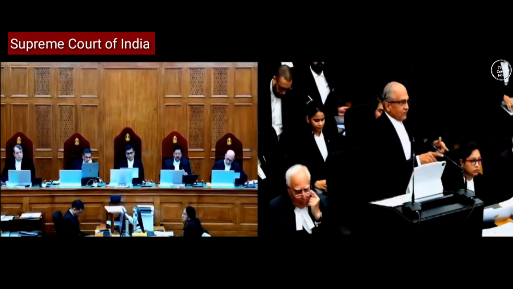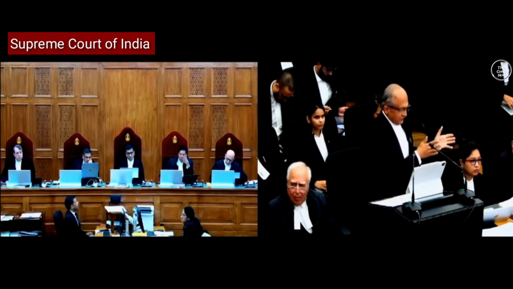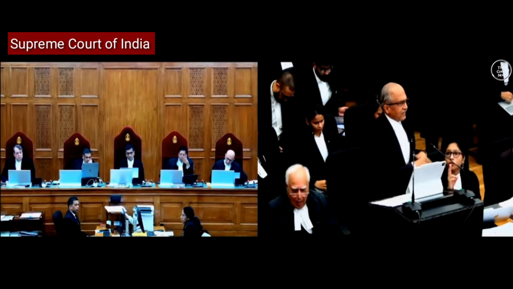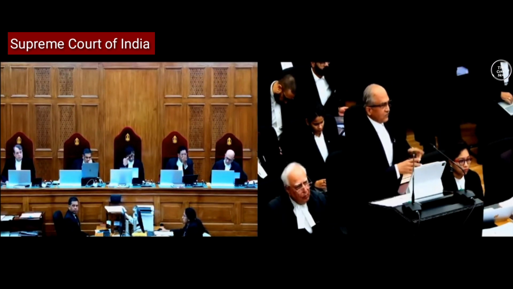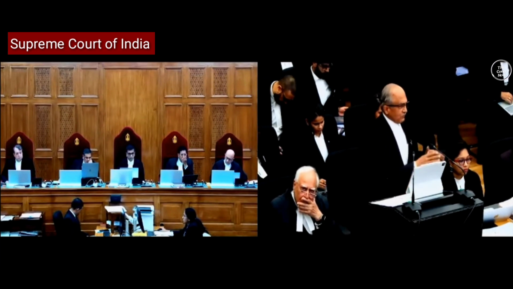We have in fact filed a petition in this court on the basis of that CIC judgment as well as the RTI Act as well as the fundamental right of people to know, which is pending, which has been separated by this court.